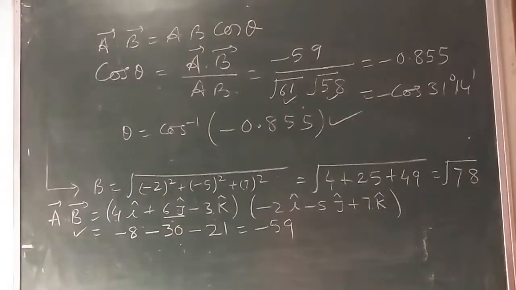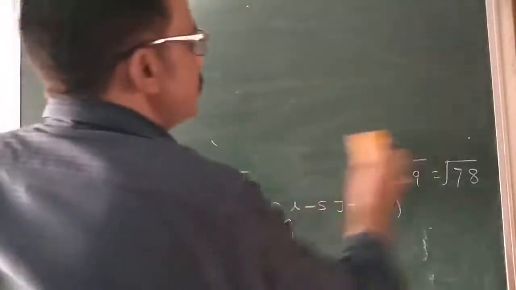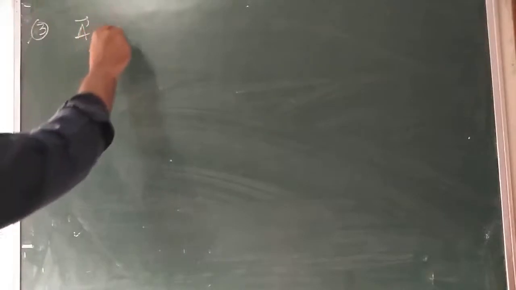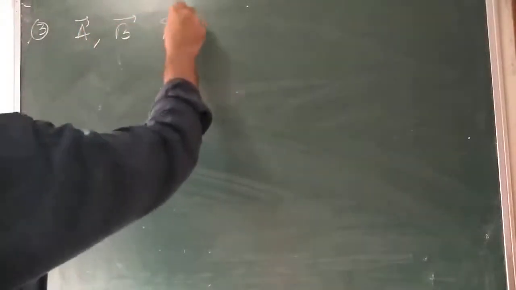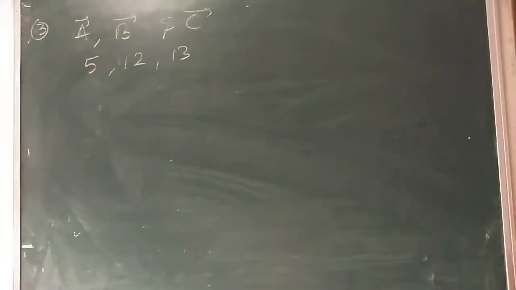Now, we take another question. Question number 3: if three vectors A, B and C have magnitudes of 5, 12 and 13 units. We have three vectors A, B and C, and suppose their magnitudes are these.